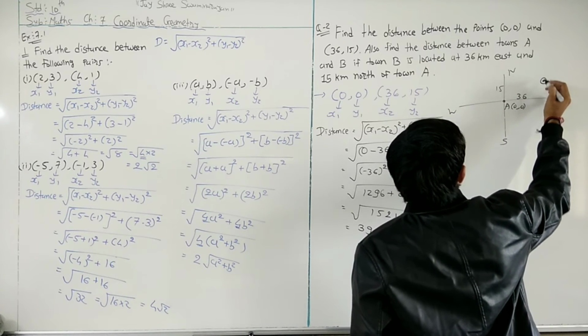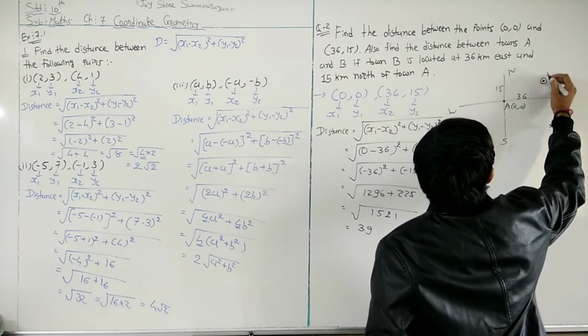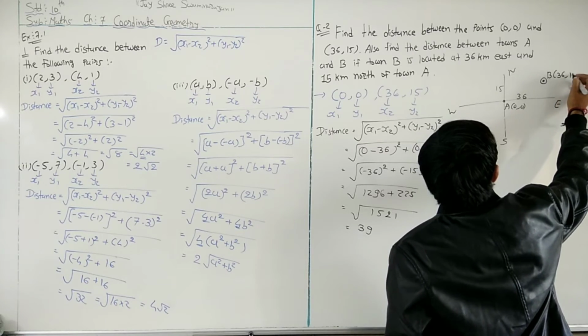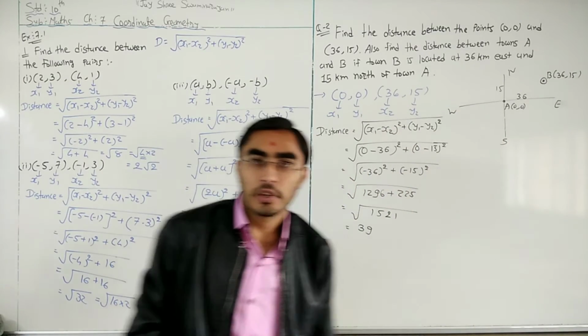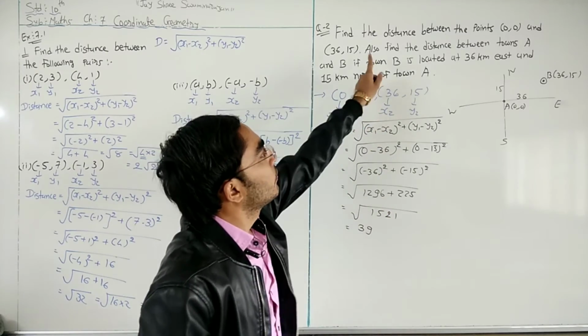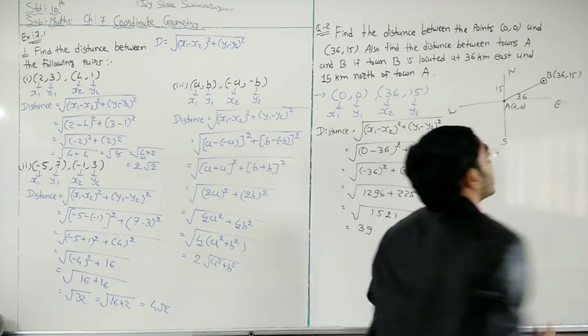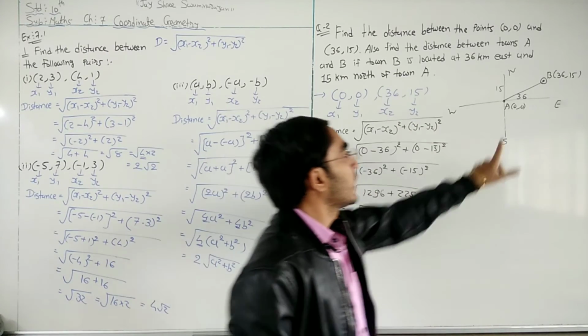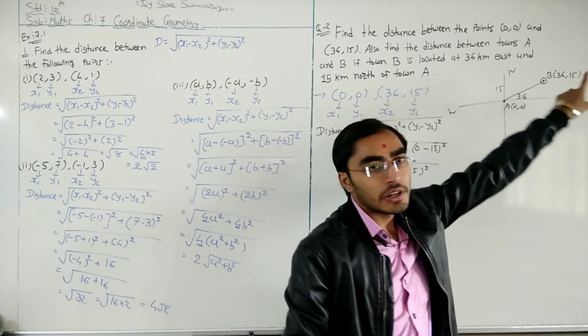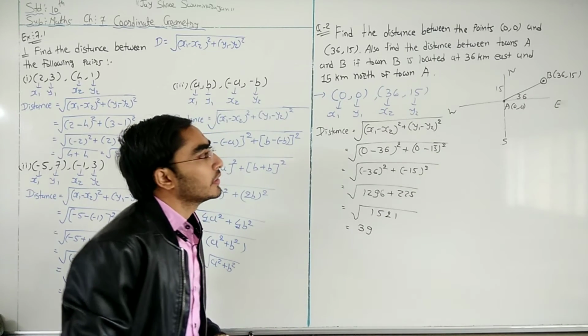So somehow it is present here, right? B is 36, 15. And what we need to do? Find the distance between town A and B. So we need to find the distance AB. Now our point A is 0, 0, point B is 36, 15.